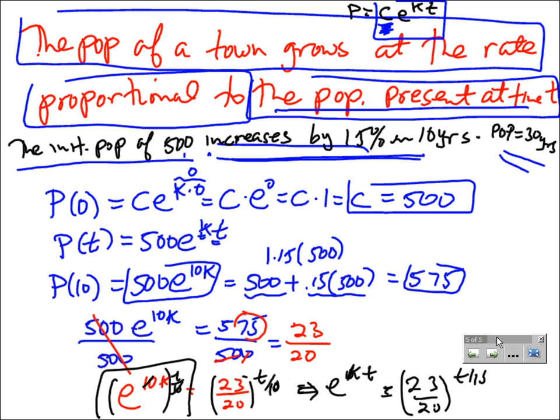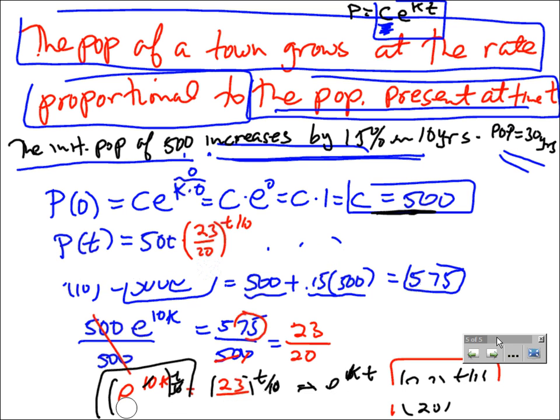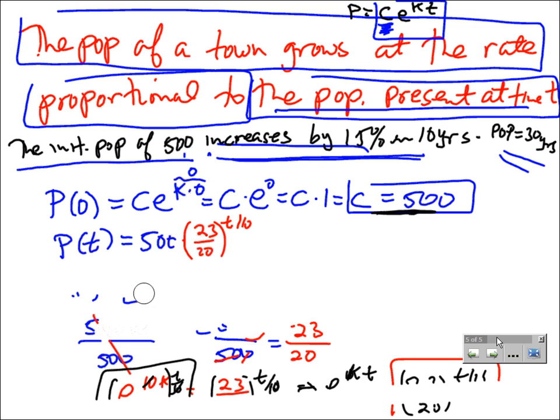Okay. So remember, C is 500. So right here, instead of e to the kt, I'm going to erase it, and I'm going to put what I'm allowed to put. I'm going to put times 23 over 20 to the t over 10. And now I have that function with the only unknown being t. I know all the constants.